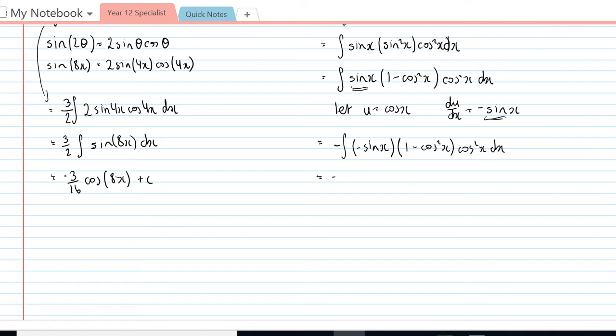And now I know that's going to be negative integral of, this first part is just du dx here. So I'm going to have 1 minus u squared. And then we've also got u squared outside the brackets there, and I have the du dx, which was the negative sine x, so I've still got a dx there.